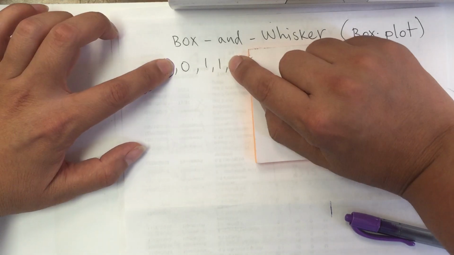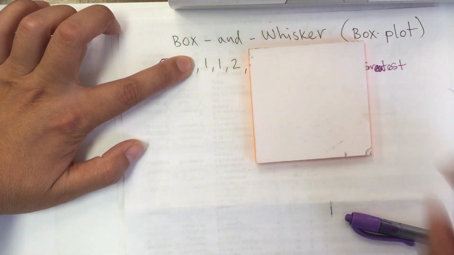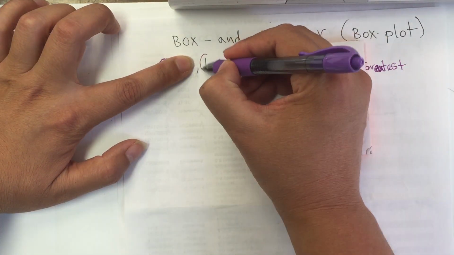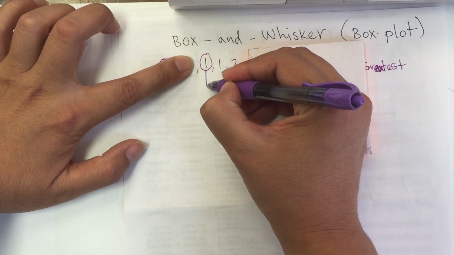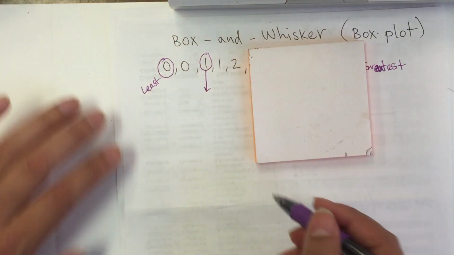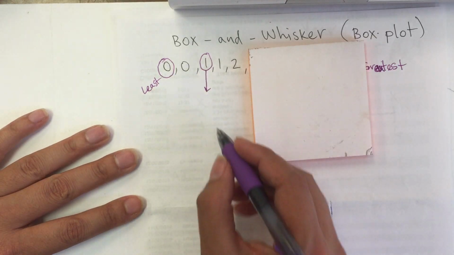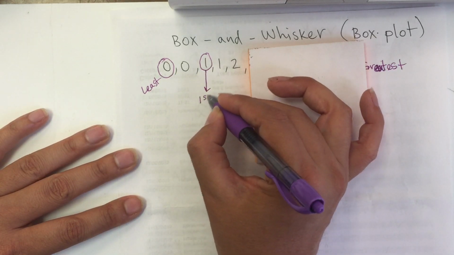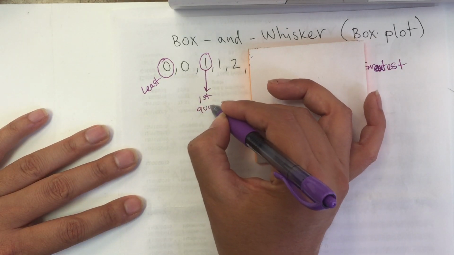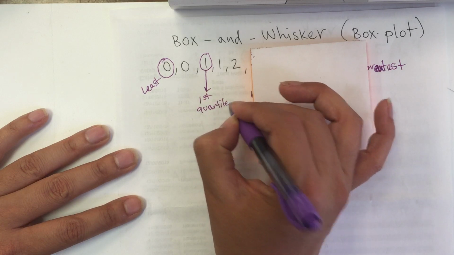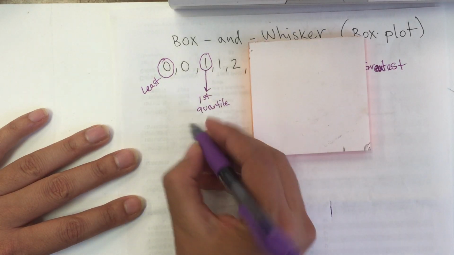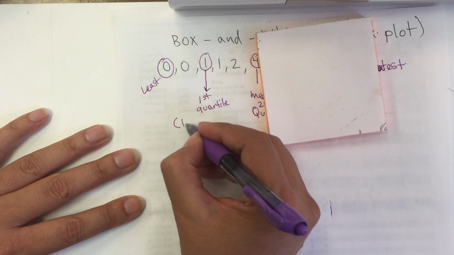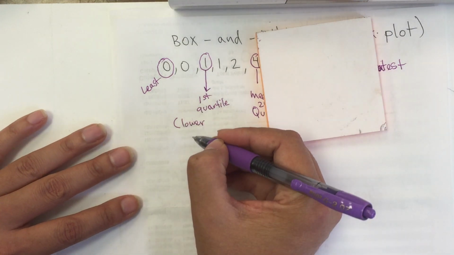So I'm gonna cover one from each side, and so the median of the colored part of the data is 1, which is gonna be called my first quartile. And in some cases, it's also called the lower quartile.